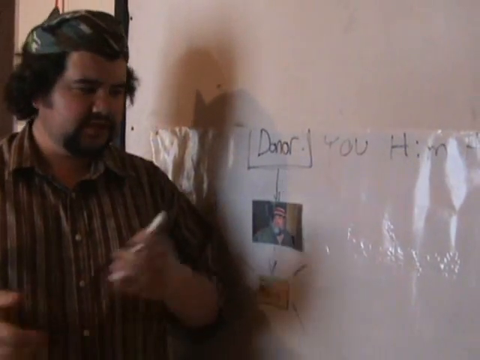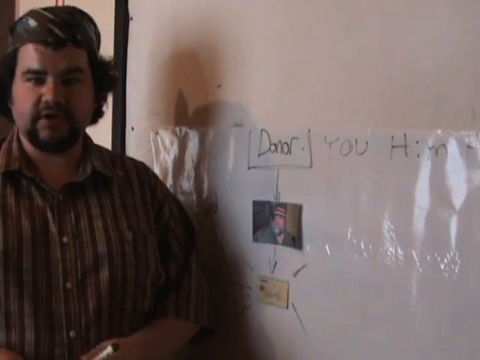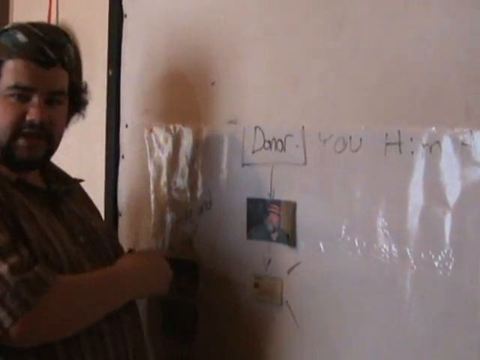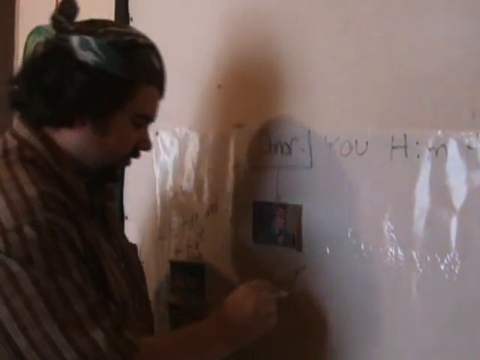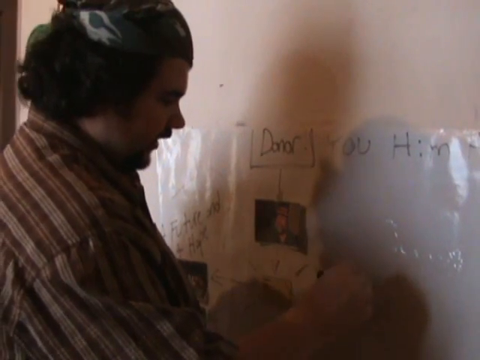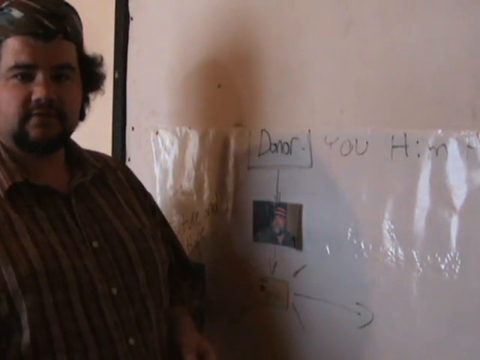Okay, so in addition to A Future and a Hope orphan care project, we have a couple other things going on. Money comes to me through the ATM. I take care of the orphan expenses first. Then after that, depending on what's left over, I use some cash in community development projects we have going on.